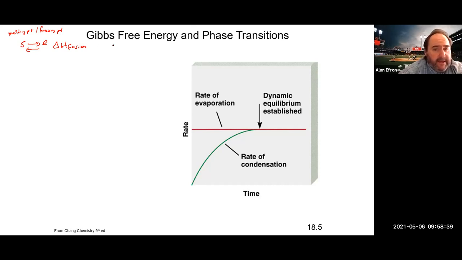Same thing happening as we do that transition from liquid to gas, right? Or gas back to liquid. That typically happens at the normal boiling point. And that also has a certain amount of energy associated with that transition, which is the delta H of vaporization. And same idea, this occurs at the same temperature and exactly at that temperature.